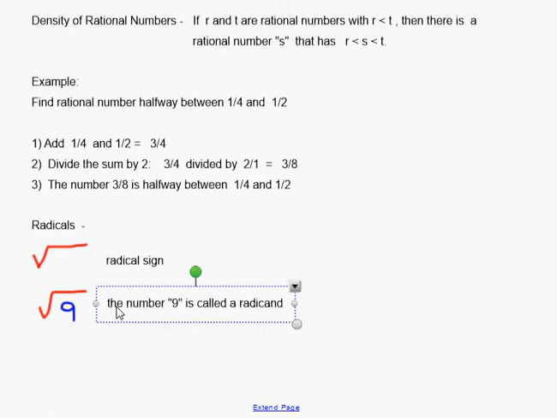Now remember, that's read as the square root of 9 and is asking for what number times itself equals 9.